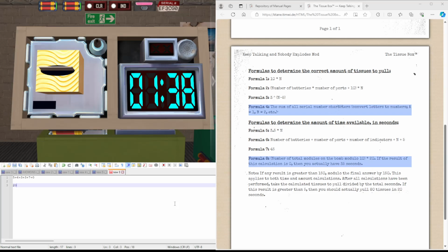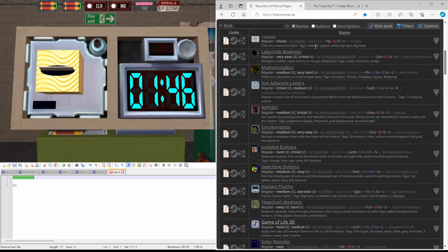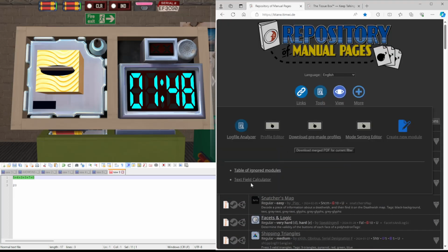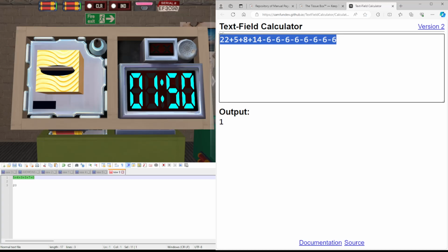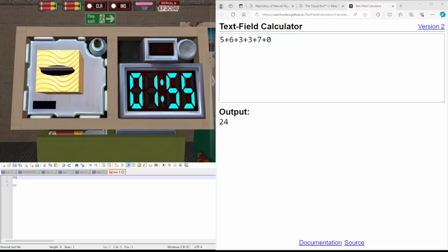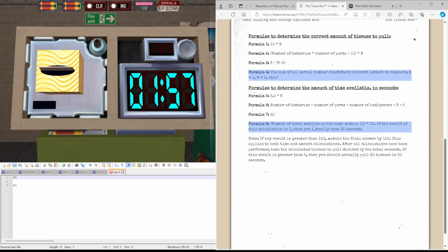If the result of this calculation is 0, then you actually have 35 seconds. So we have 24 tissues with 20 seconds.